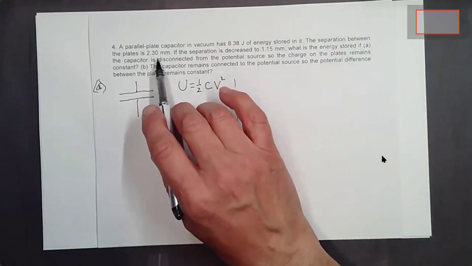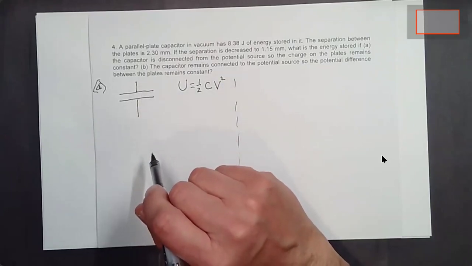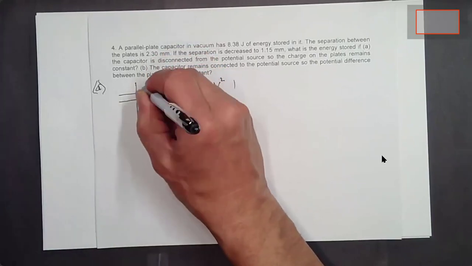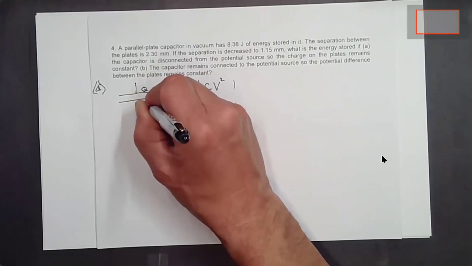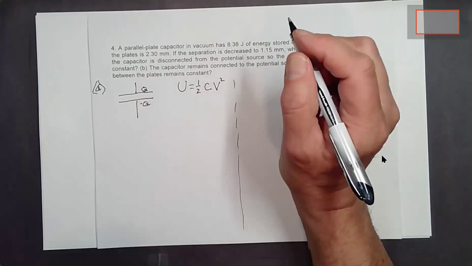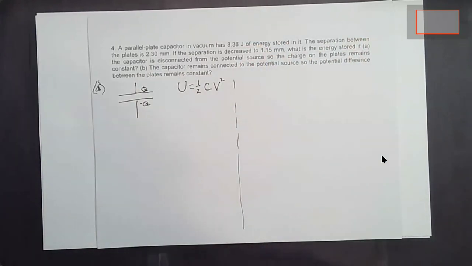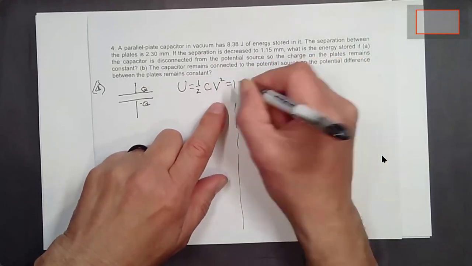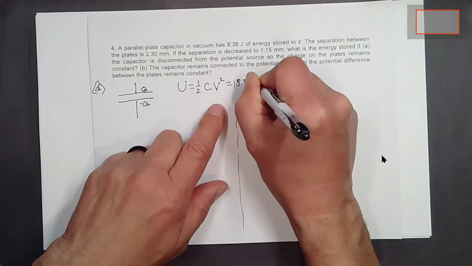We know the separation between the two plates. We've got some amount of Q down here and an amount minus Q down there.